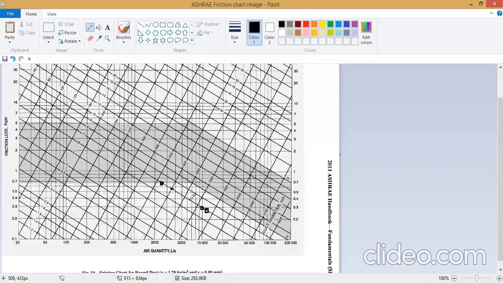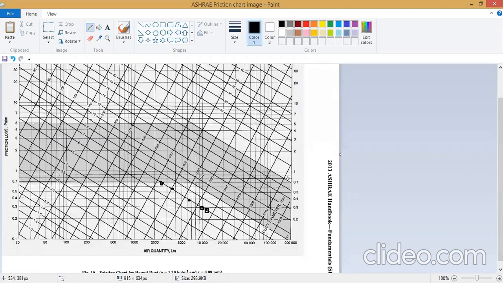So that point comes here, which is again approximately equal to 0.39 Pascal per meter pressure drop, and the diameter is in between 1000 and 1250.